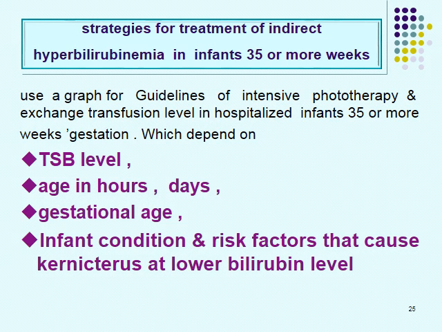In treatment, we use a graph for guideline of intensive phototherapy and exchange transfusion, which depends on the TSB level, age in hours and days, gestational age, and infant condition for the presence of risk factors that cause kernicterus at lower bilirubin level, which we mentioned in the lecture.